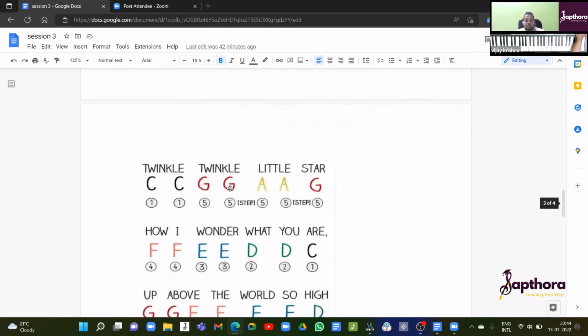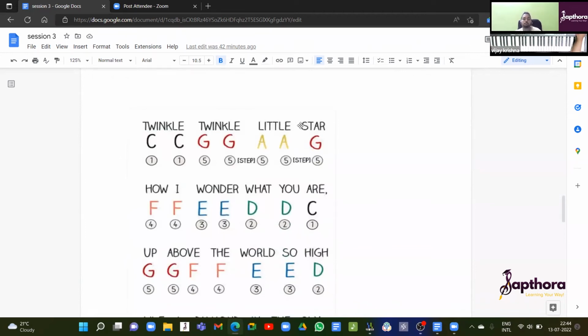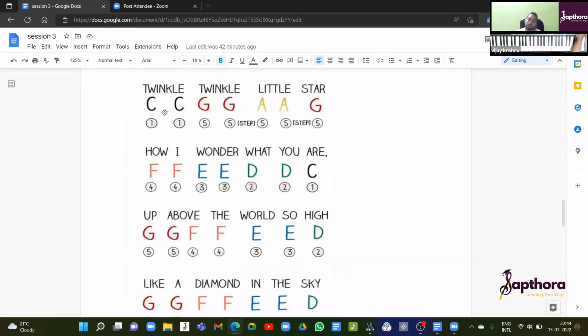And here we can see the song on the top, and in the middle, the alphabets are the notes that we need to play on the keyboard. So it starts with C, C, G, G, A, G. We call it Twinkle, Twinkle, Little Star.